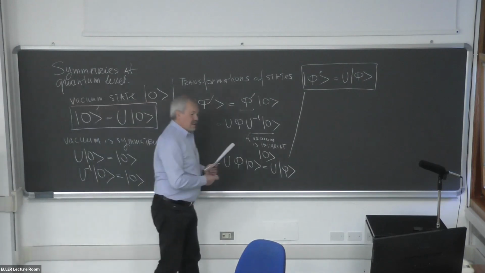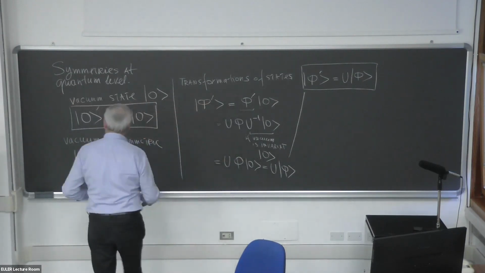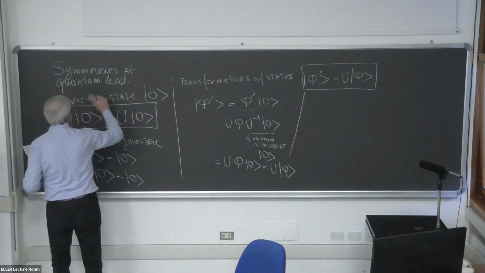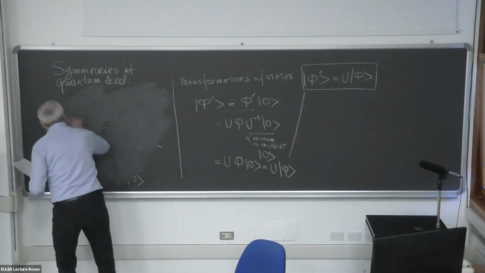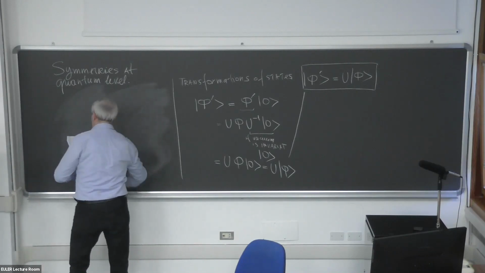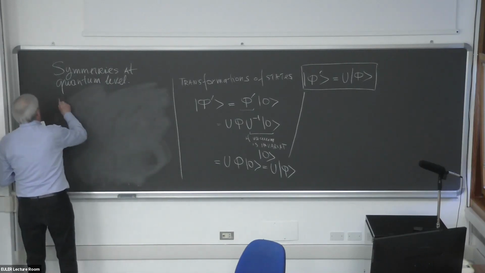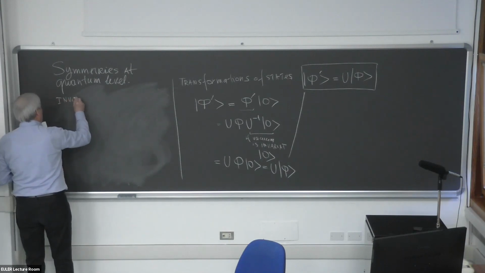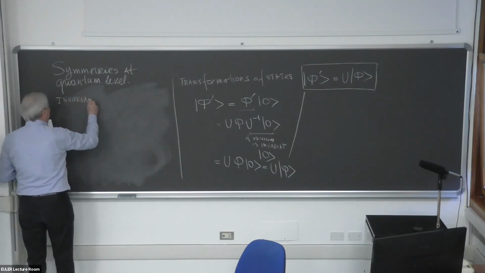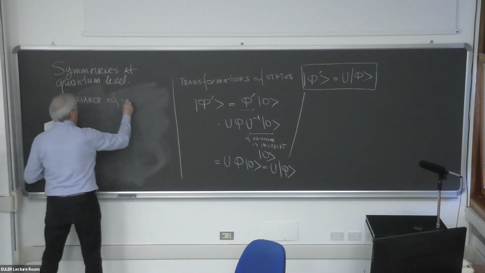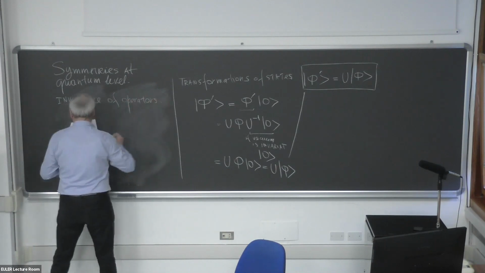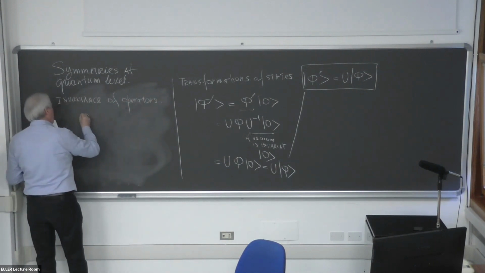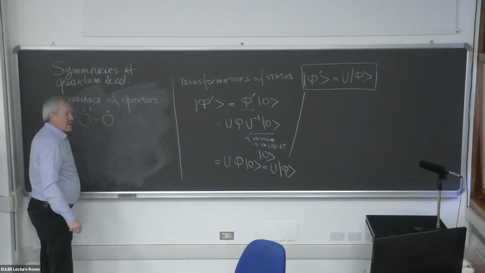Now, how do we express invariance at quantum level? The operator is invariant if the transformed operator coincides with the initial one.